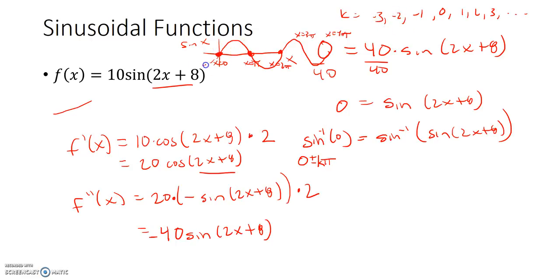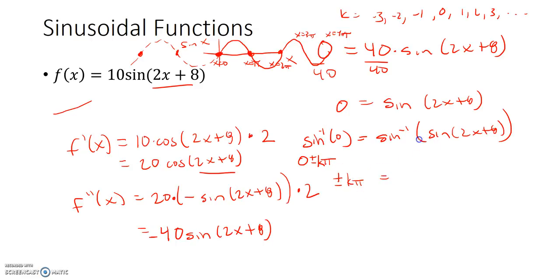Because this function continues on in this fashion over here as well. It's symmetric in terms of the points where it crosses the x-axis on the negative side. And so basically we have anywhere plus or minus k pi.